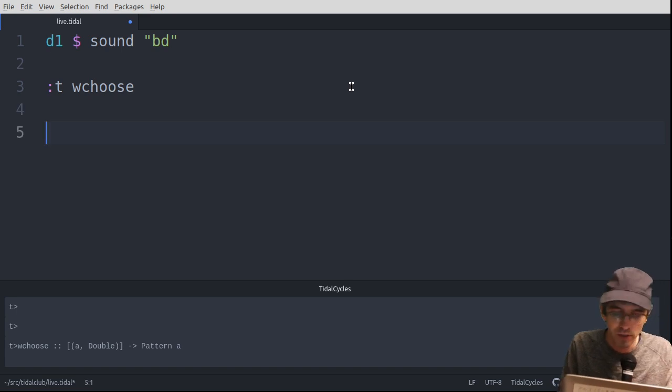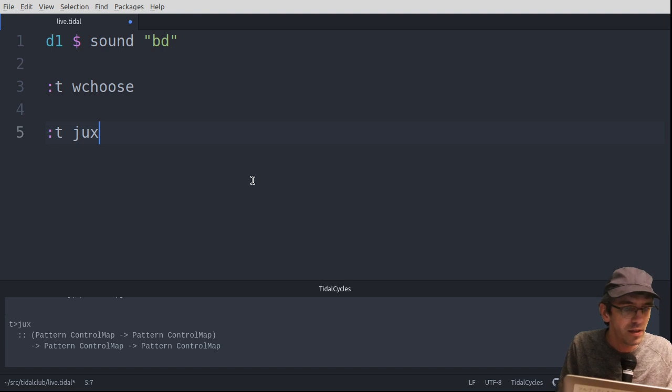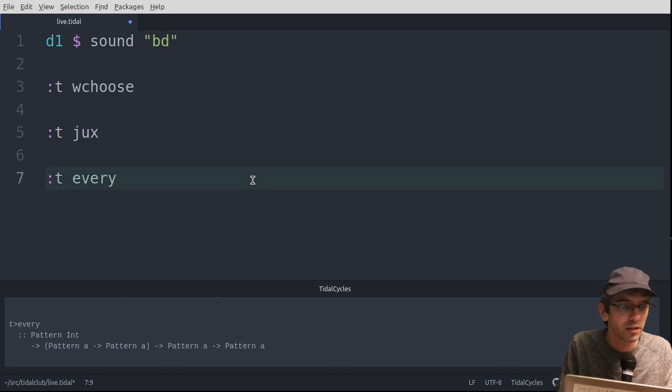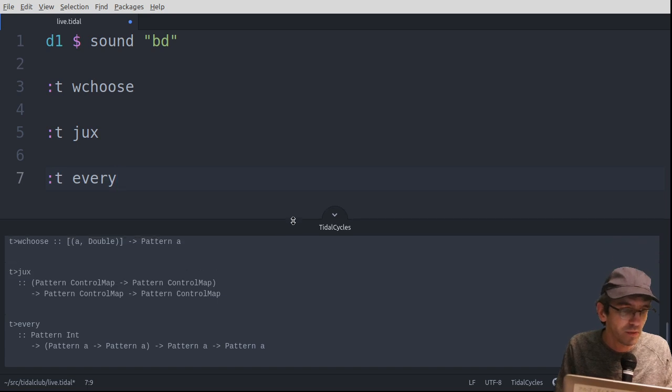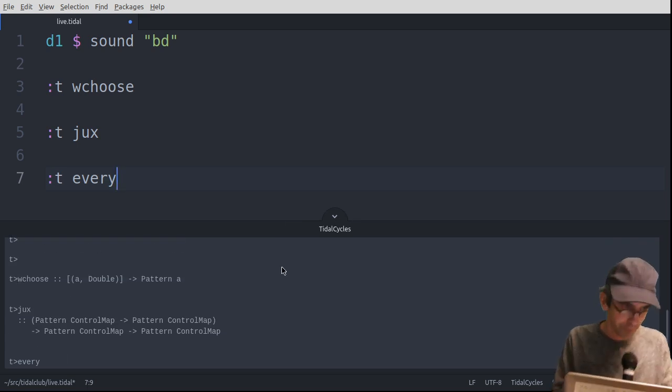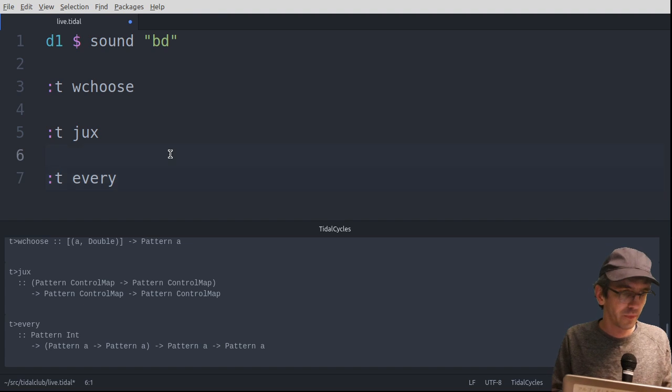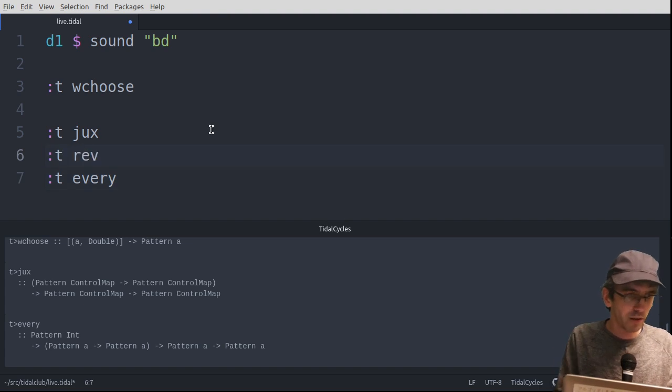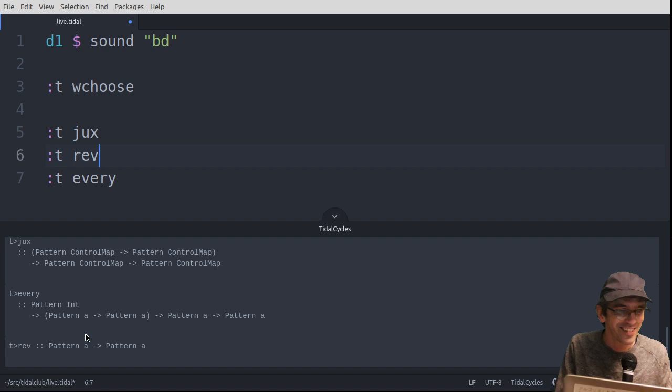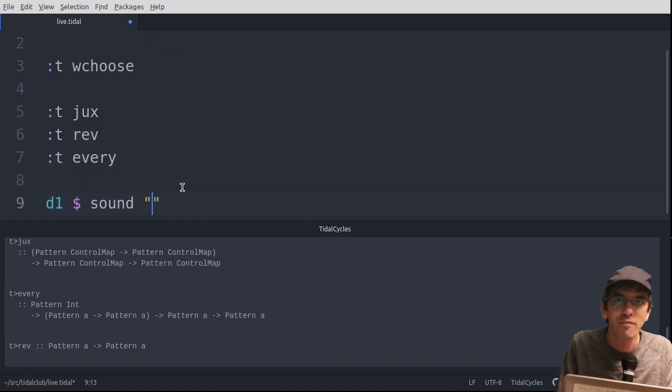So wchoose and jux maybe. These are quite well used functions. wchoose is a bit less well used, but is very useful. And maybe we'll just pick a really simple one like rev as well. So rev is a function that reverses every cycle.